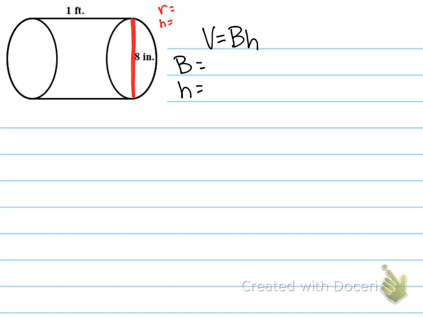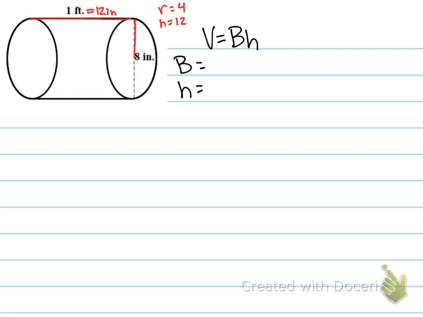That's a diameter, right? So to get the radius, we will only need half of it. Half of 8 is going to be 4. Okay. Our height, here it says 1, but if you notice, the units is different from the radius. So I'm not gonna put 1 foot. I'm gonna put 12 inches because 12 inches is the same as 1 foot. So my height is gonna be 12.